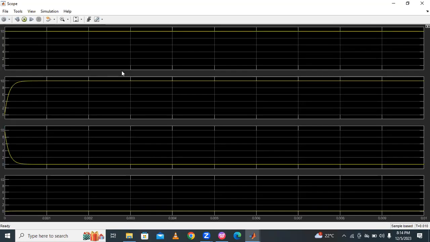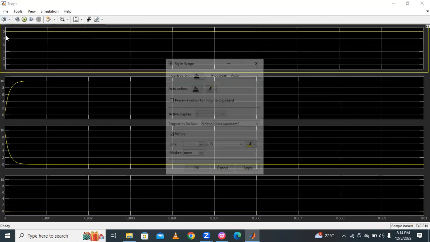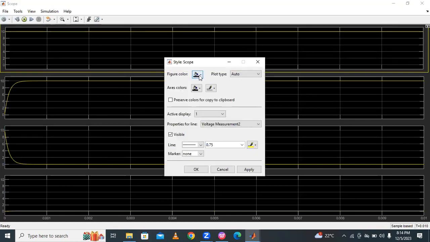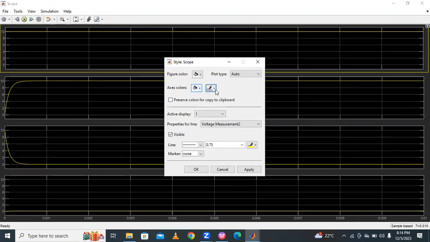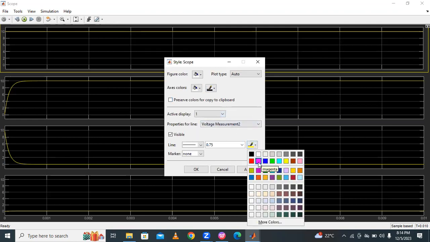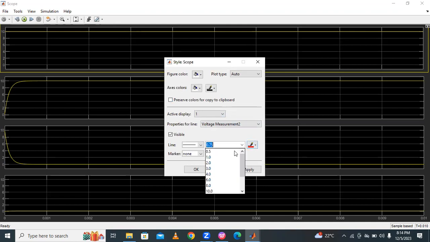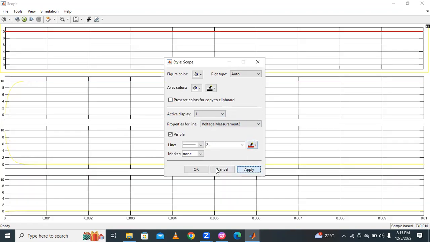Then go to style, press style. Your background color is white, figure color is white, axis color also white, this is black. And next, active display 1, change the color to red, and change the thickness, then apply.